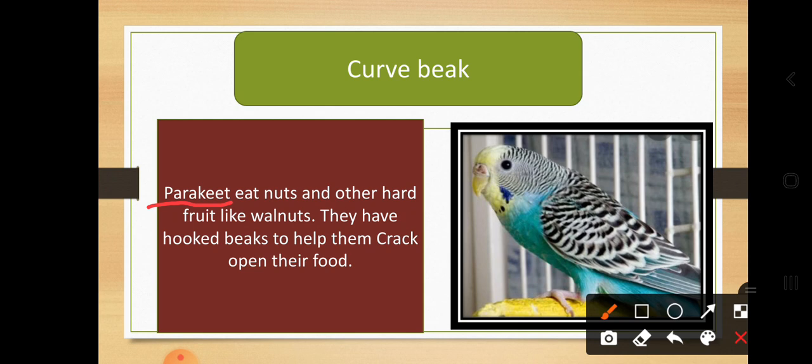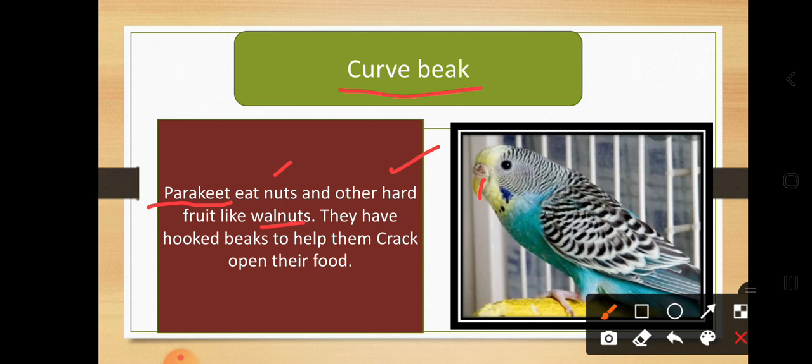So here, how are they eating their food? With the help of their beak. What are they eating? They are eating nuts and other hard fruit like walnuts. In a similar way, the parakeet is also eating walnuts with the help of its curved beak, okay.